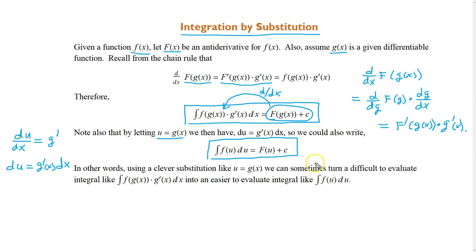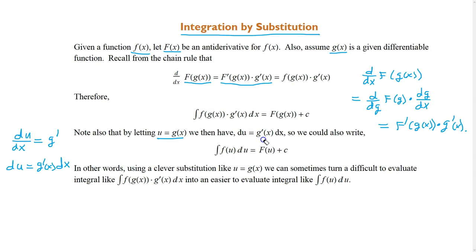Okay, so what we found here then is that if we are faced with an antiderivative that looks like this, if we make the substitution u equals g of x, then we can turn this into something that looks like this. And if we know capital F is an antiderivative for little f, then we know that capital F of g of x will be an antiderivative for f of g of x times g prime of x.